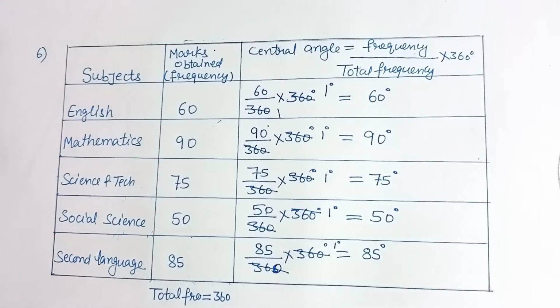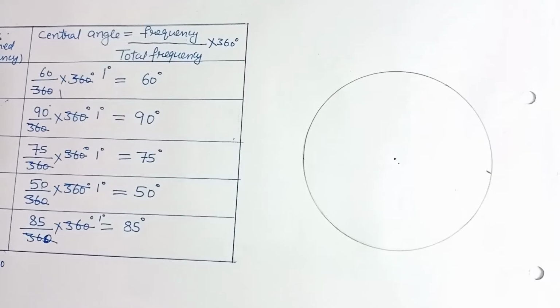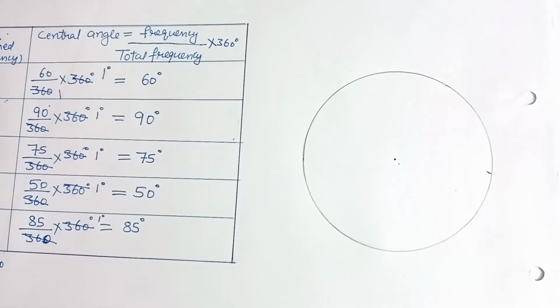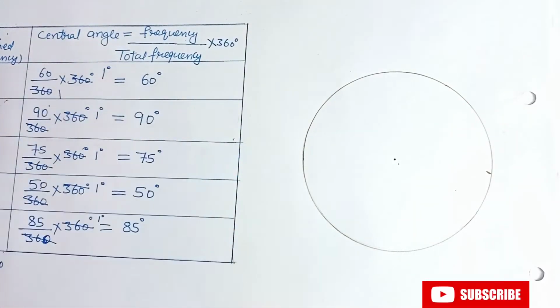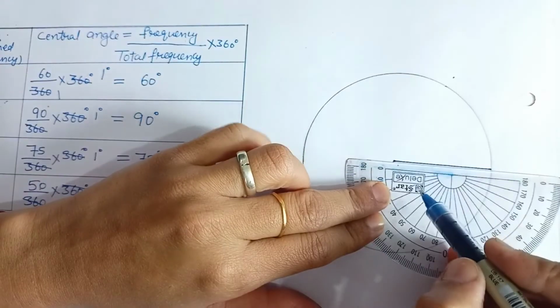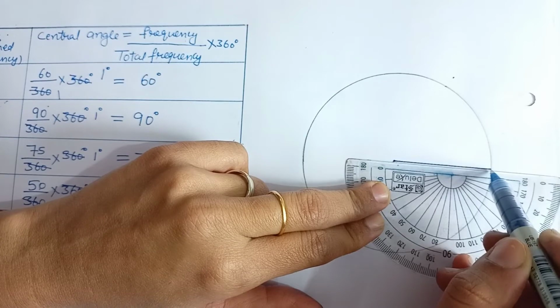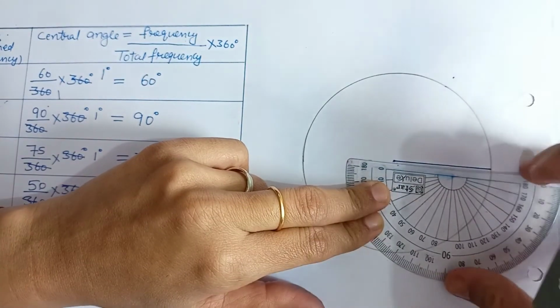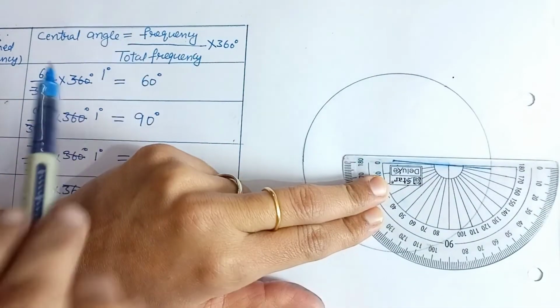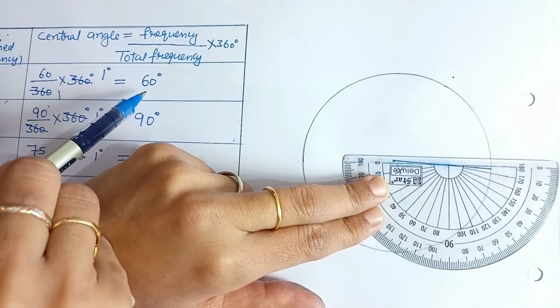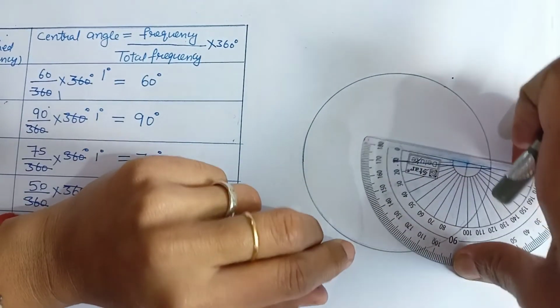For that we need to draw a circle. We have already drawn a circle. First, for English marks, the central angle is 60 degree. With the help of a protractor we will draw a 60 degree angle. First we will draw a line joining the center of the circle to any point on the circle. Now we have to draw the central angle for English.